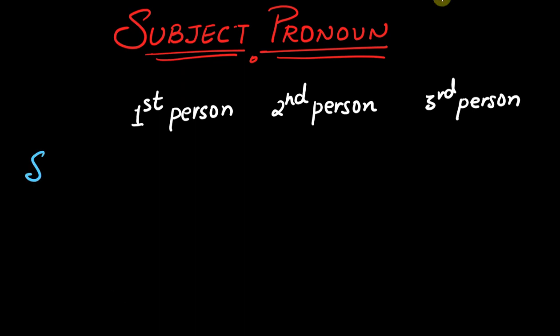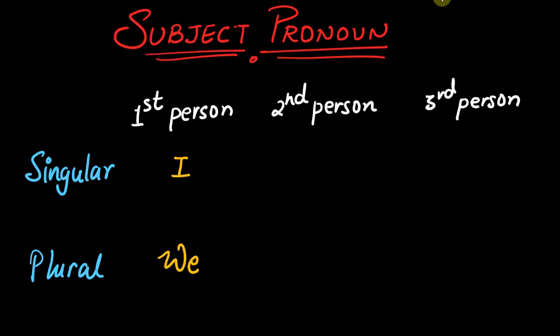So we have singular here, and then we have plural form here. Okay, first person singular means I, first person plural is we, second person singular is you, and plural is also you. That doesn't matter if you're talking to one person or if you're addressing a gathering.